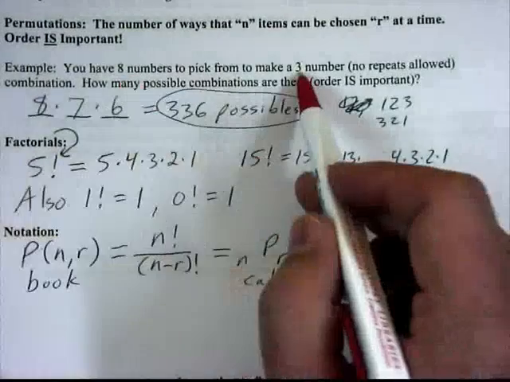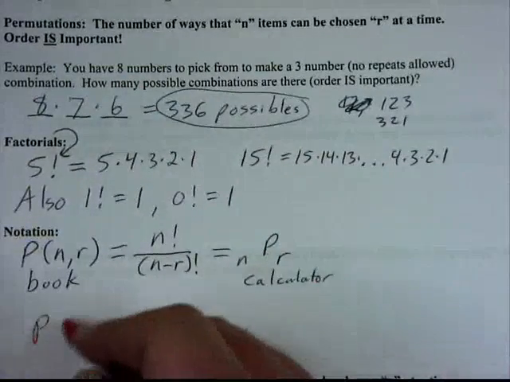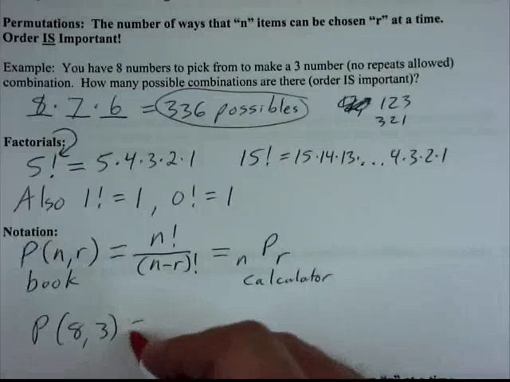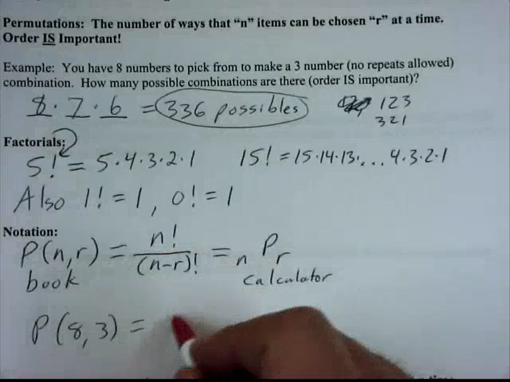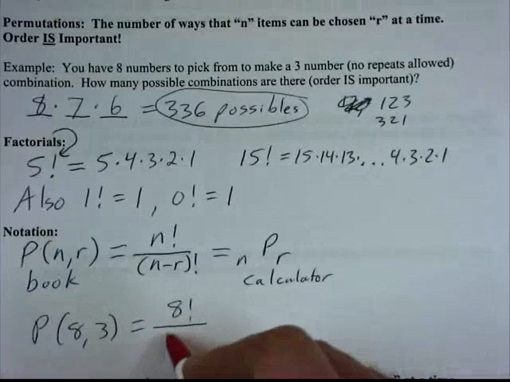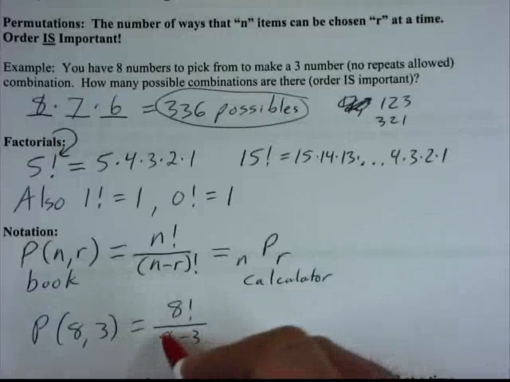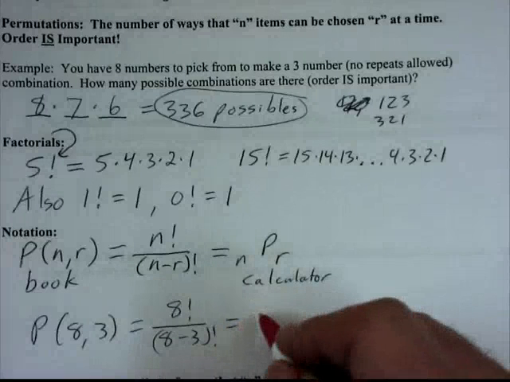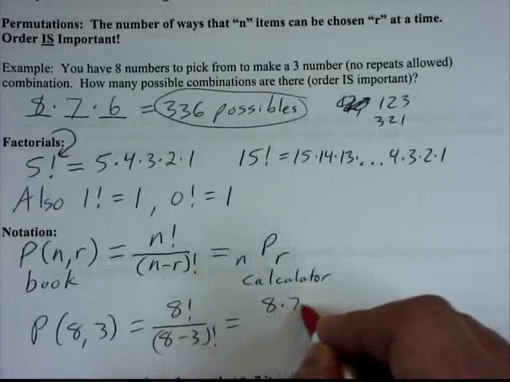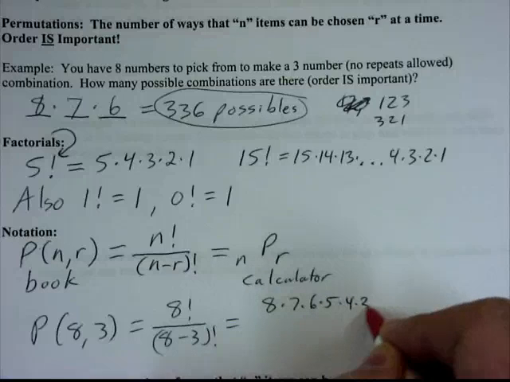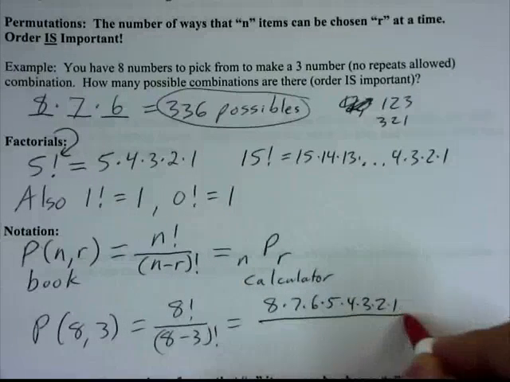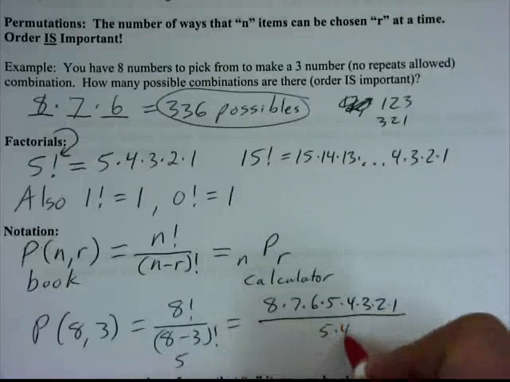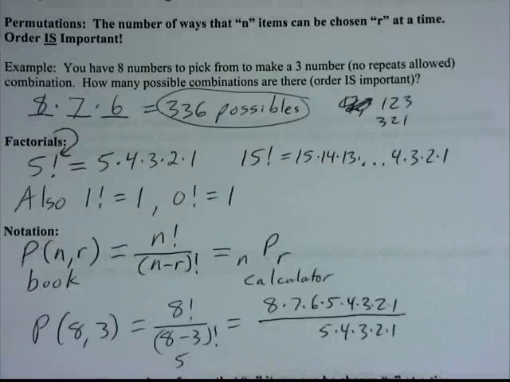numbers and we were choosing 3 at a time, so we had a permutation of 8, choose 3, which according to our formula is going to be 8 factorial over 8 minus 3 factorial, which if we write that out, 8 factorial is 8 times 7 times 6 times 5 times 4 times 3 times 2 times 1, and 8 minus 3 is 5, and 5 factorial is 5 times 4 times 3 times 2 times 1.